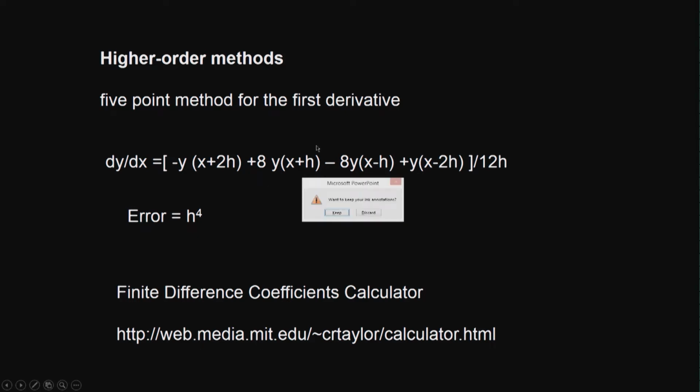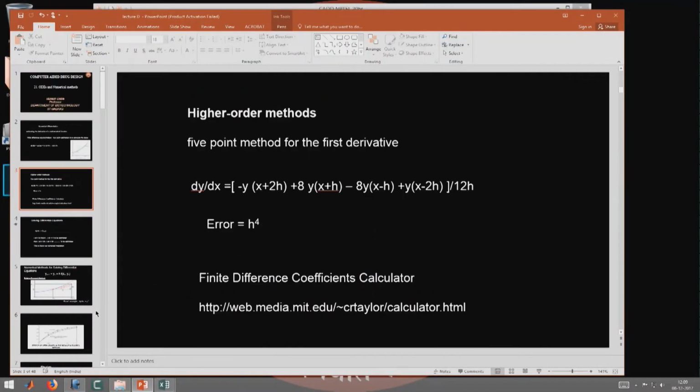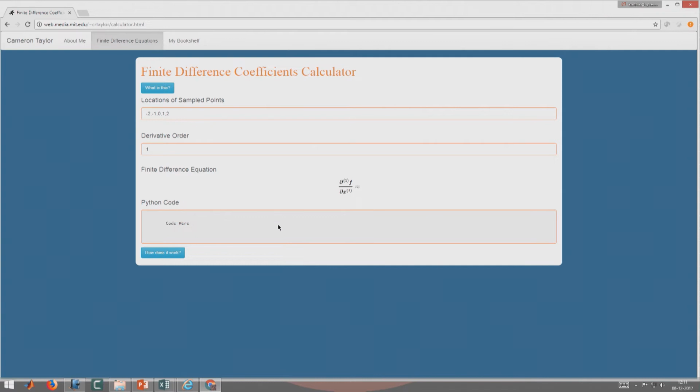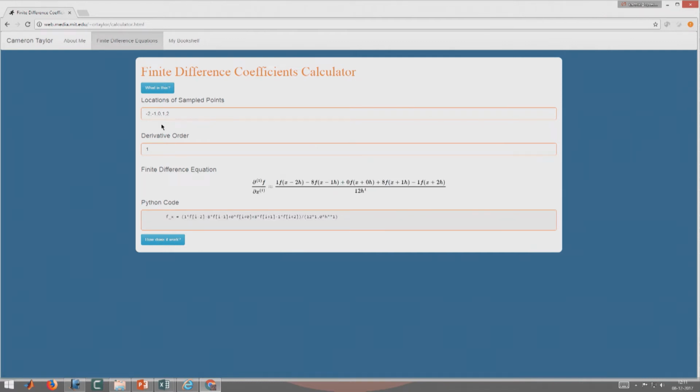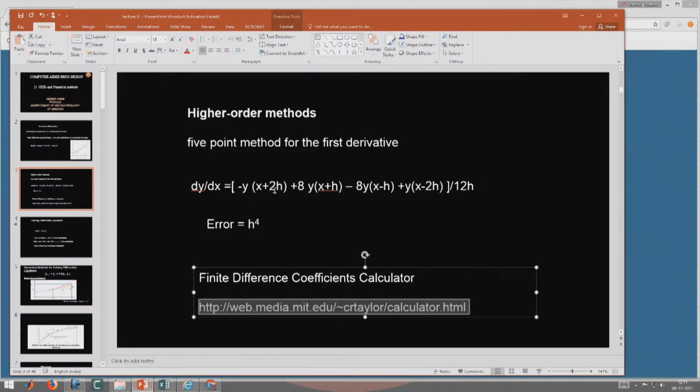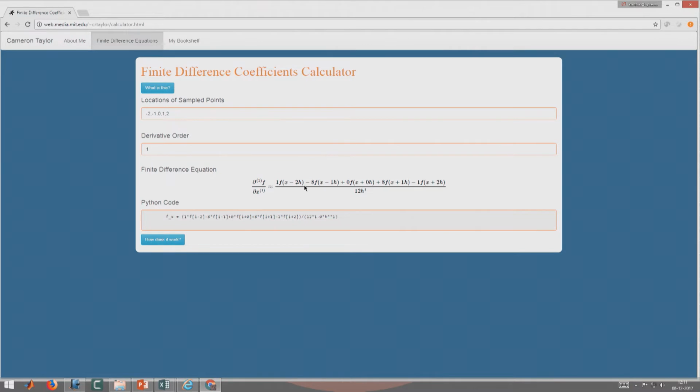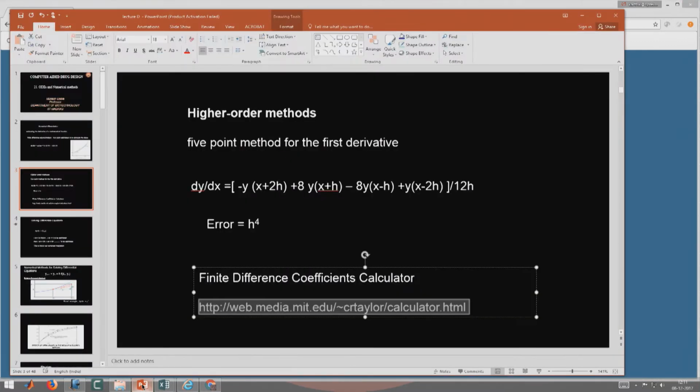For example, let us have a look at it. If those 5 points are at minus 2, minus 1, then plus 1, plus 2, this is how the equation will look like, as I showed you here, f at x minus h and so on.